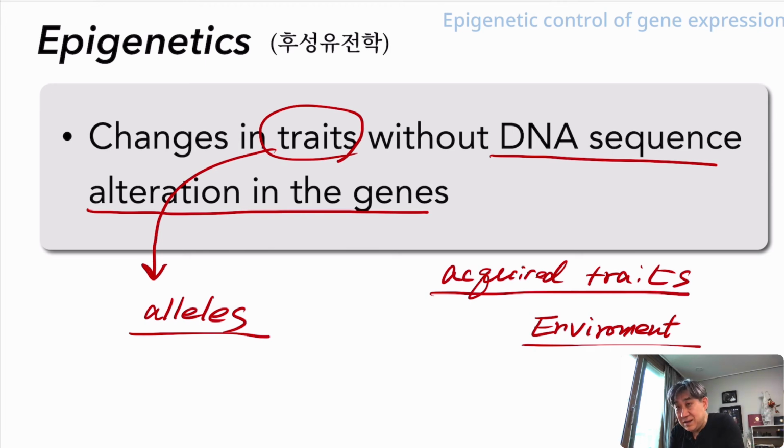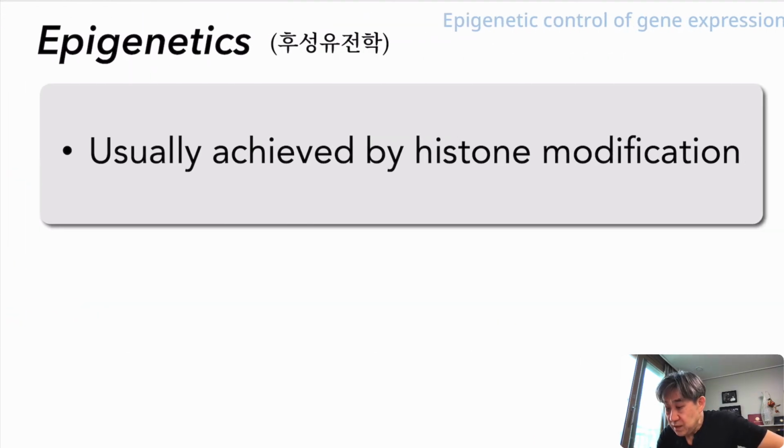Are they just the result of environmental changes, like acquired traits? In this case, it turns out that a lot of these are also inherited into the next generations. So what is going on? How can you have a different trait without involving DNA sequence change?